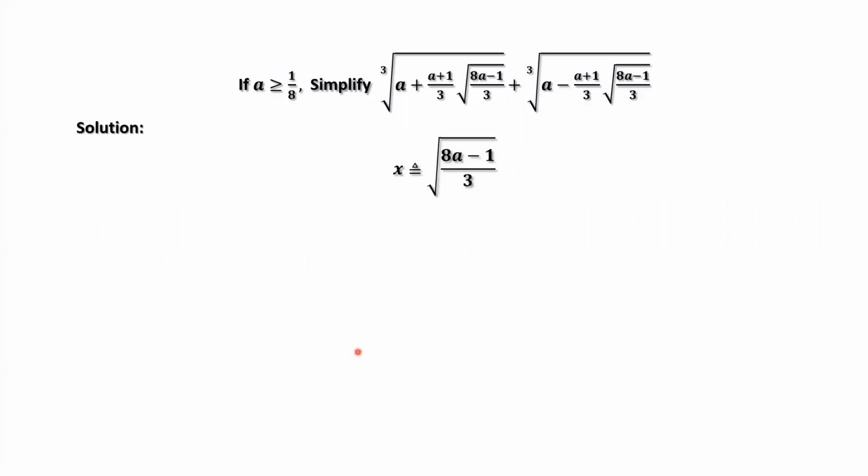We just define square root of 8 times a minus 1 divided by 3 as a new variable, x. Solve this equation, we can find a in terms of x.